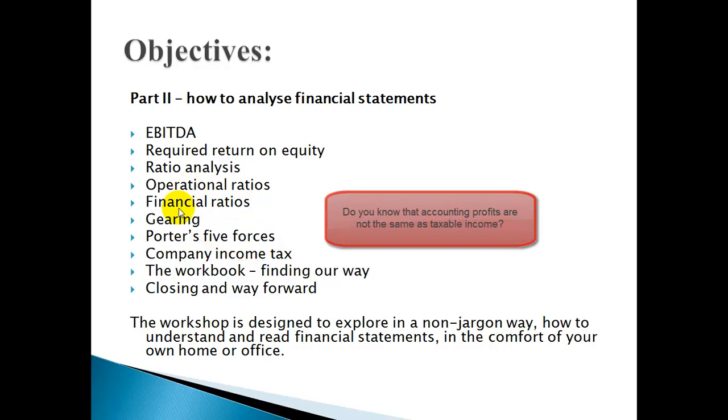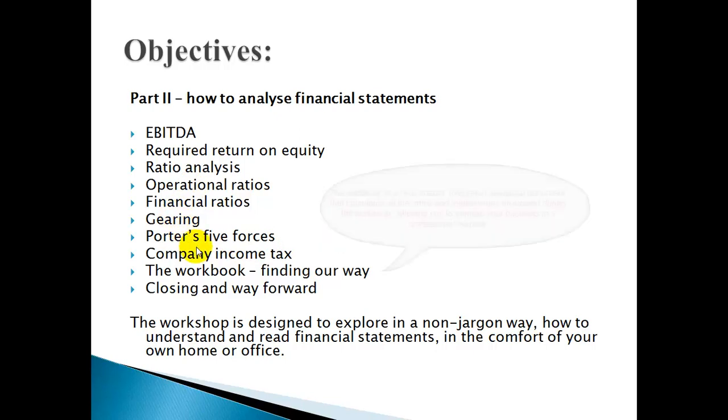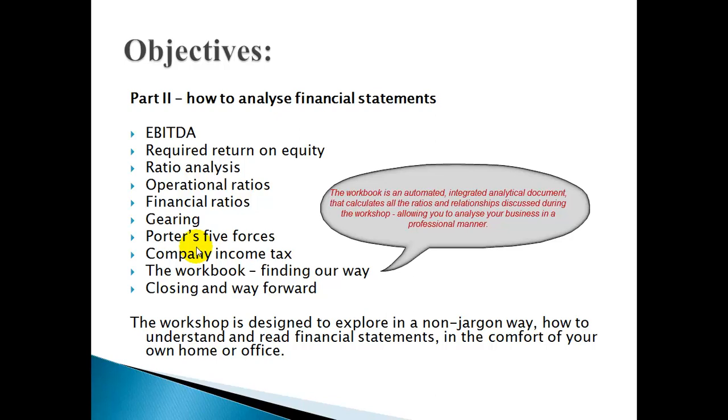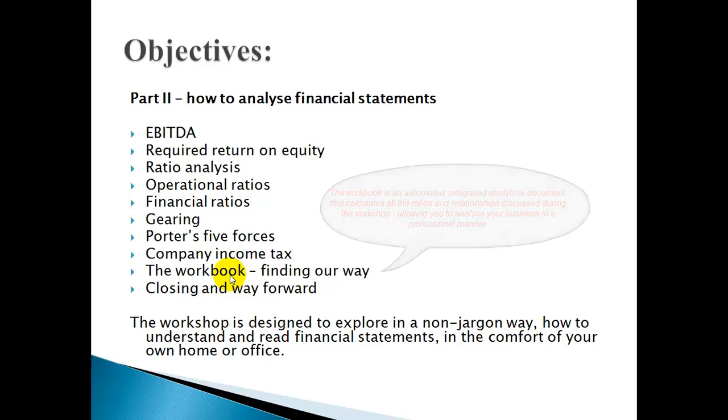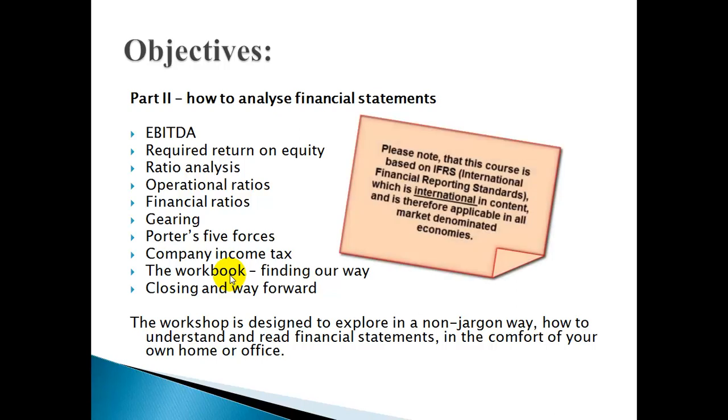And finally, I'll take you into the workbook, my proprietary Excel workbook, which takes all this information that we've learned over the two parts and shows you the financial ratio analysis and the methodology that I will share with you in these two parts. The final module is just to say thank you and hoping to see you again.